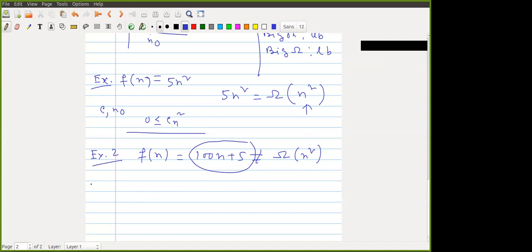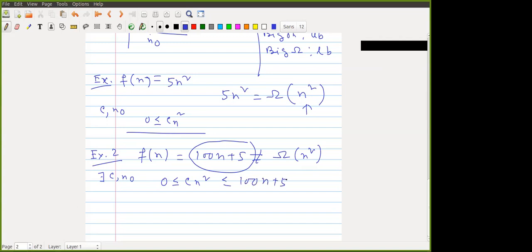Okay, so what is the proof? We will prove by contradiction. That means there exists a c and n naught such that 0 is less than or equal to c n square, some constant multiple, which is less than or equal to 100n plus 5.